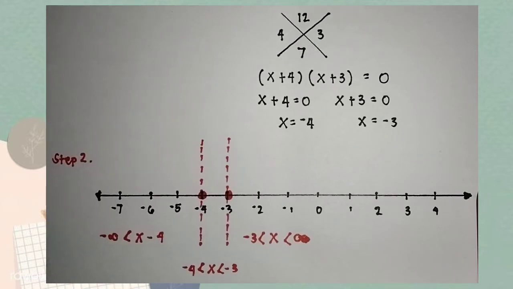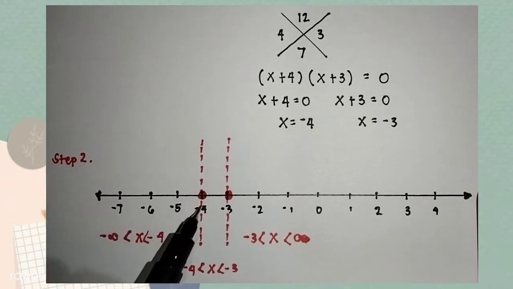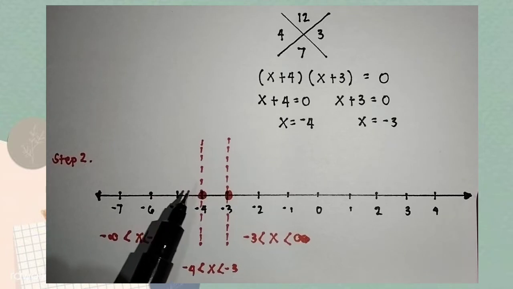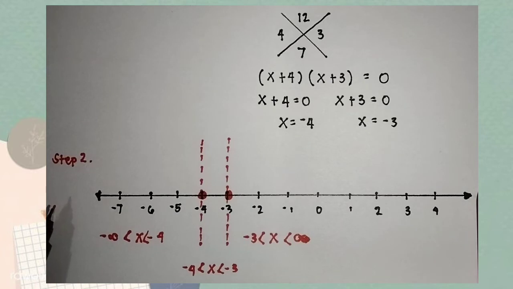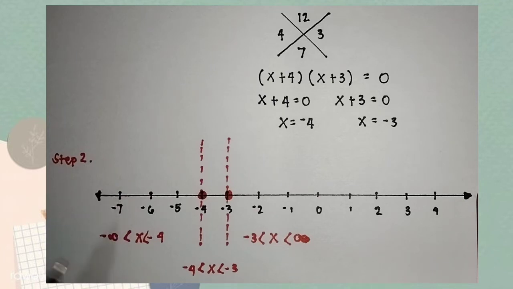Here, we have the interval x greater than negative infinity but less than -4, so from -4 going to negative infinity. We will choose values there to test in our quadratic inequality.